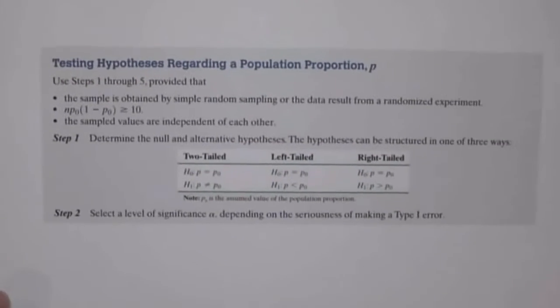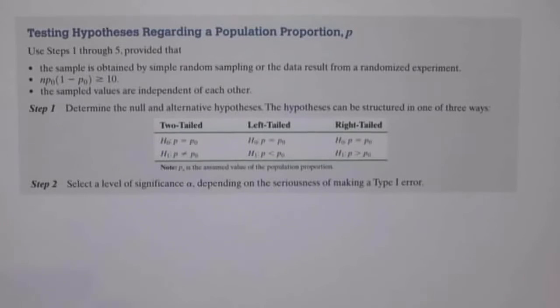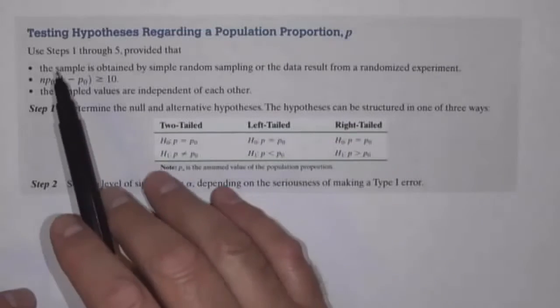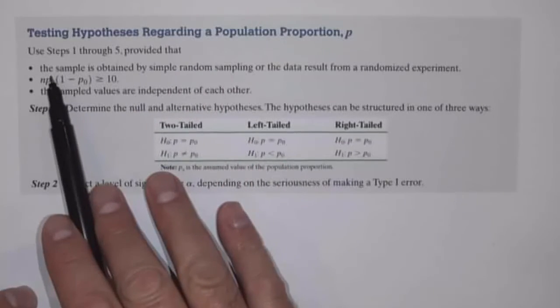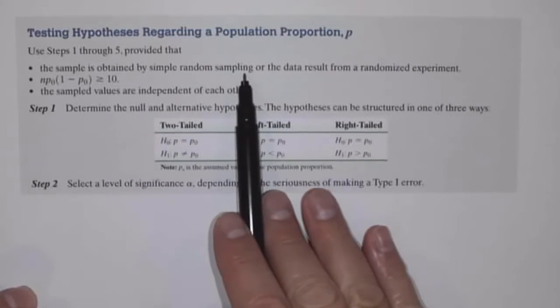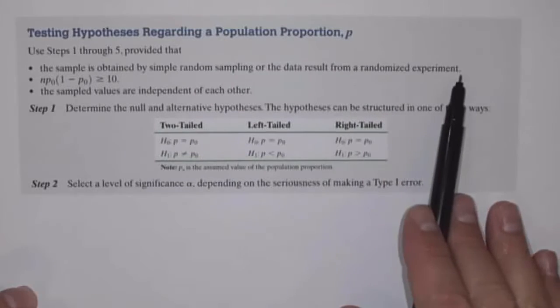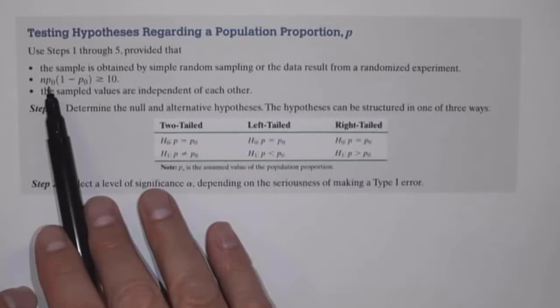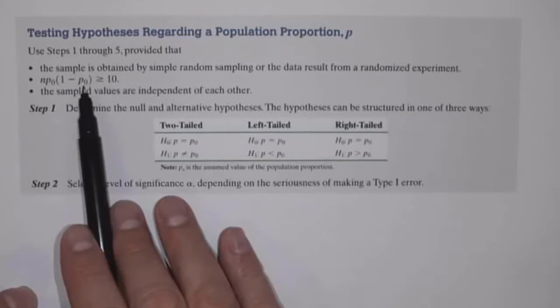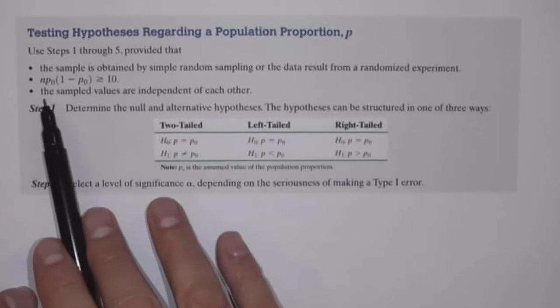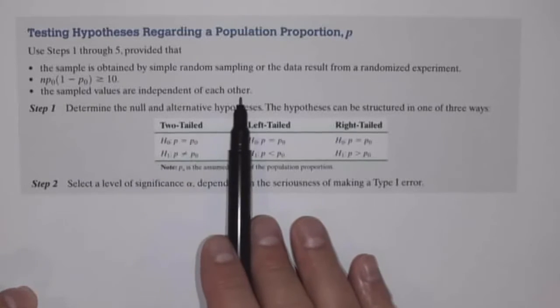So if we put all that we've discussed so far together, we have a procedure for testing hypotheses regarding a population proportion. Use steps 1 through 5 provided that the sample is obtained by simple random sampling or the data results from a randomized experiment, if n times p sub 0, that's the proportion from the null hypothesis, times 1 minus p sub 0 is greater than 10, and if the sampled values are independent from each other.